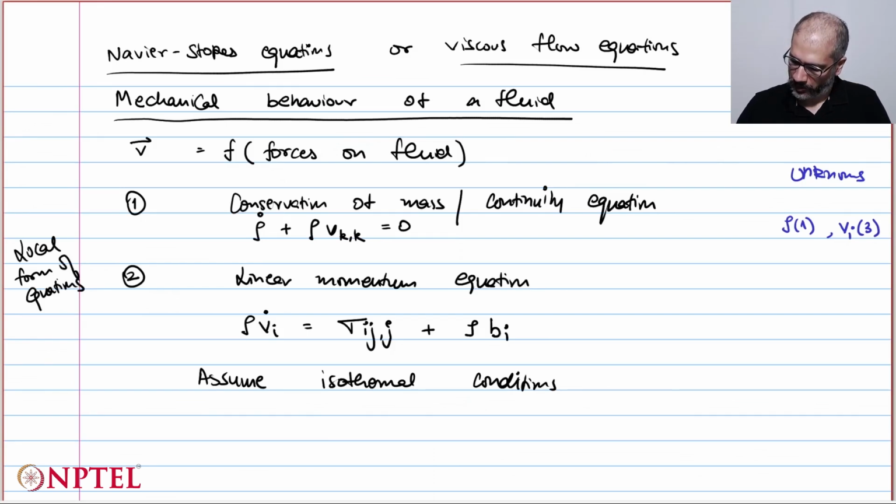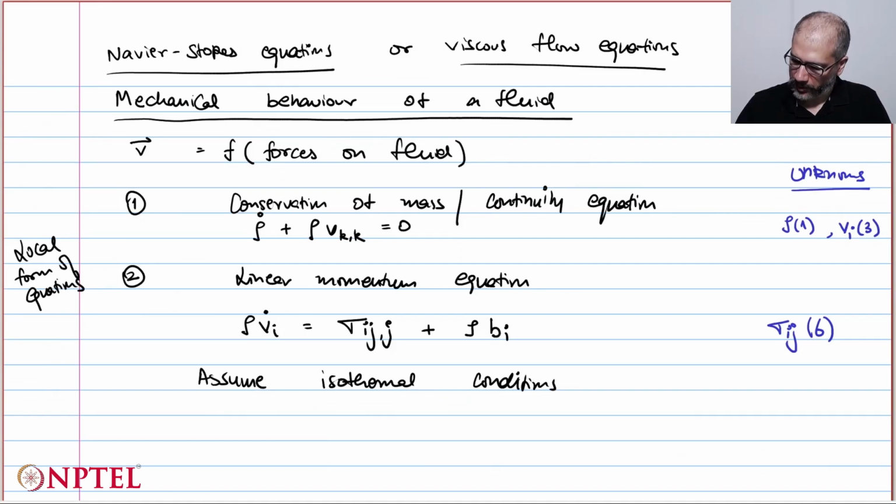Then let's come to the momentum equation. In the momentum equation, we have already accounted for rho and v, so we'll not include that again. Then we have the stress tensor field. Now this has 6 independent components, so we get 6 unknowns here. And then, of course, body force is something we need to specify or prescribe, so that is a known value.